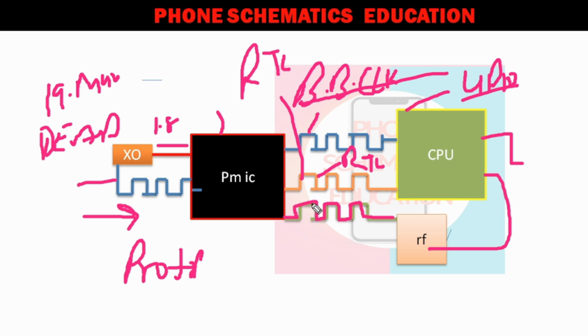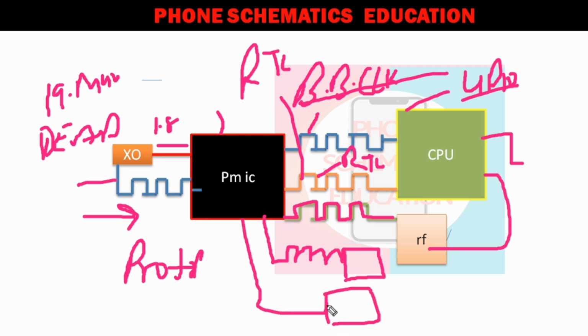That is how the power IC generates this signal called the clock signal. Hope you get it. The power IC also creates another clock signal and gives it to the audio IC, and also the Wi-Fi Bluetooth IC. I hope you get my point. After these signals, the CPU generates the protocol lines.